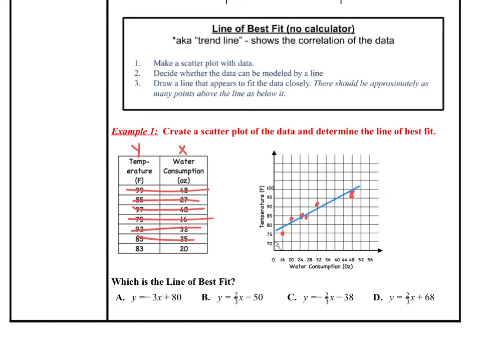I'm not quite sure. We wanted to model the data. So that seems about good. I've got about 3 points above, 4 points below. I could even move this to go through that point, but it doesn't have to go through any points. It just has to have the same amount of points above and below.